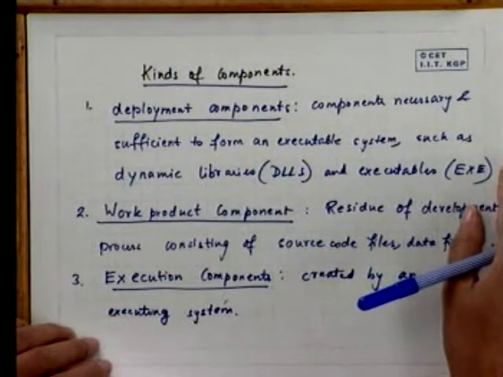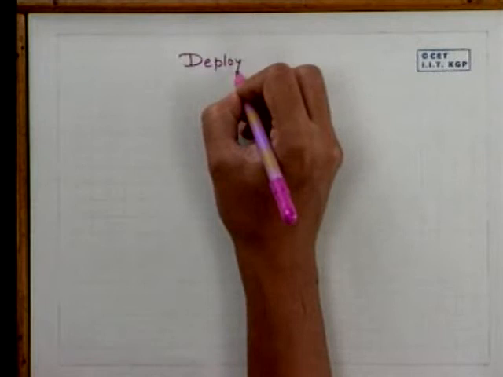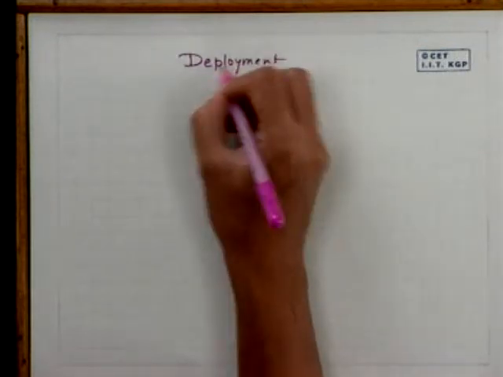Next, having talked about components, let us define the term deployment. And while talking of deployment, first let us define a node.